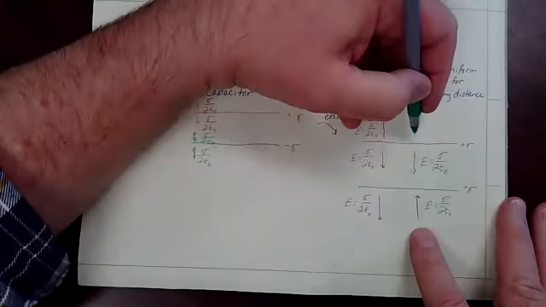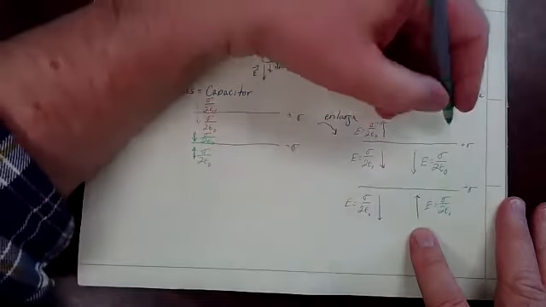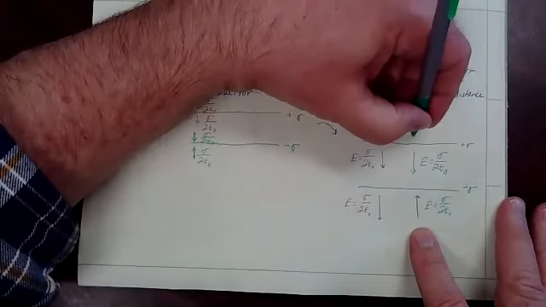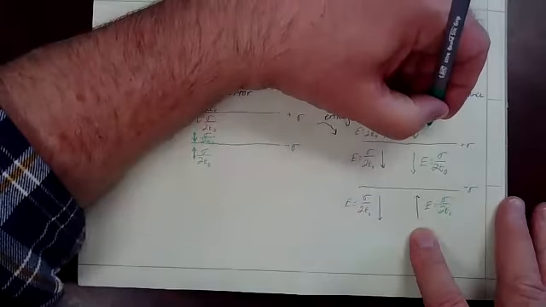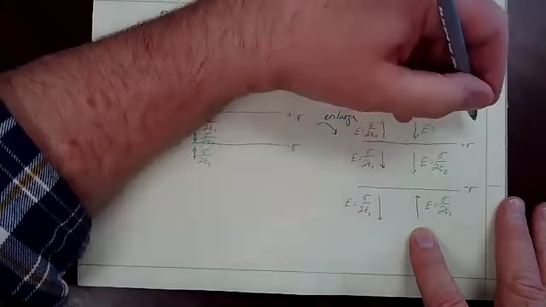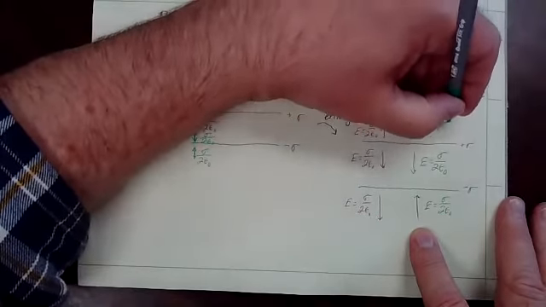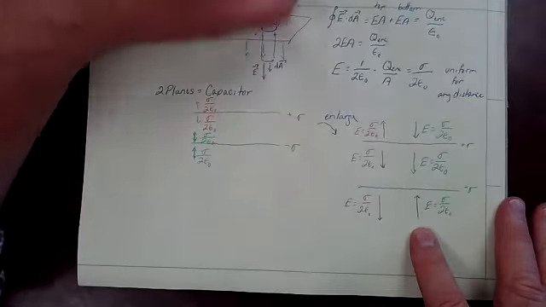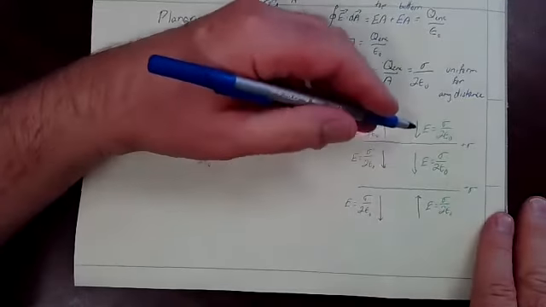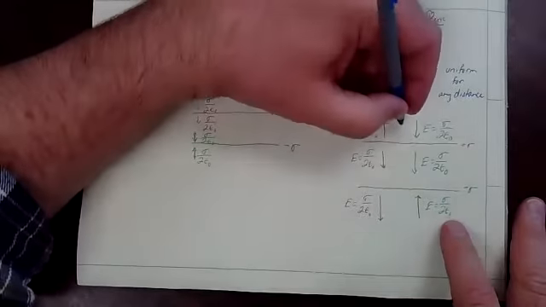And then above, the electric field that's caused by the negative plate is still going to be downward and uniform, so it doesn't depend on how far away from the plate we are. And then I think you can see what happens. So in this region, they add together. In this region, they cancel.